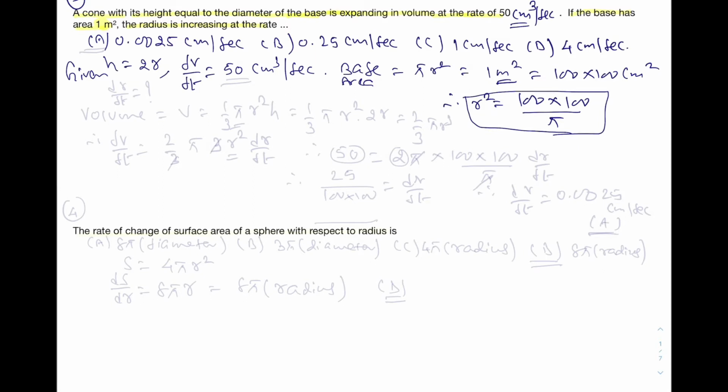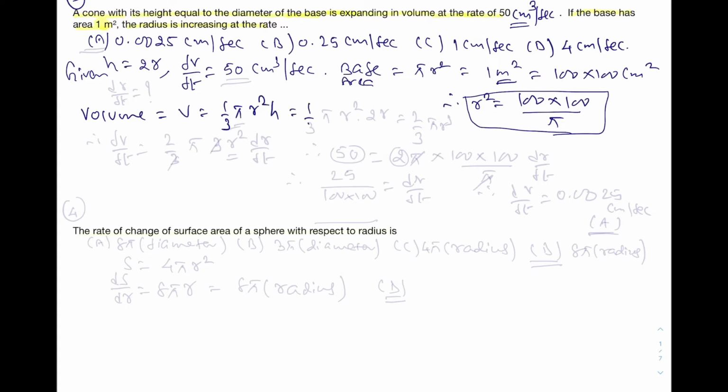Now what is the formula for volume of cone? Volume of cone is 1/3 pi r square h, but now we need h to be 2r.